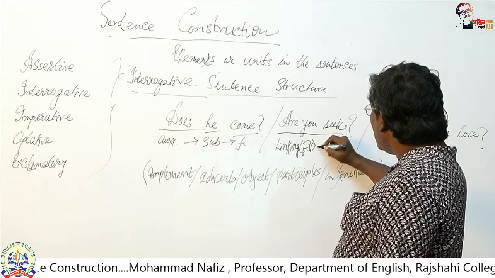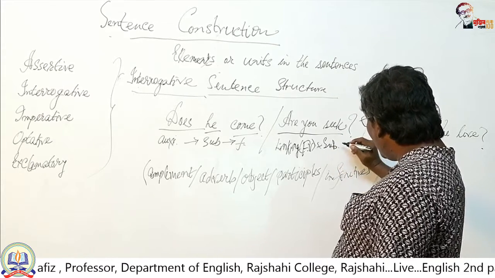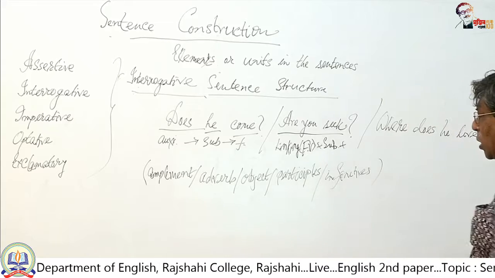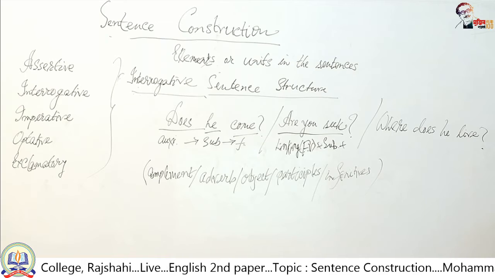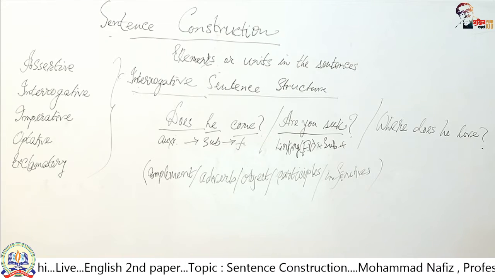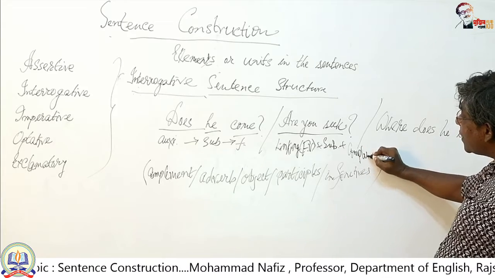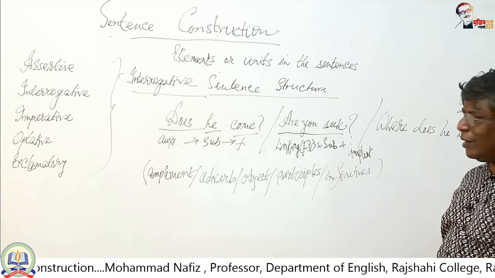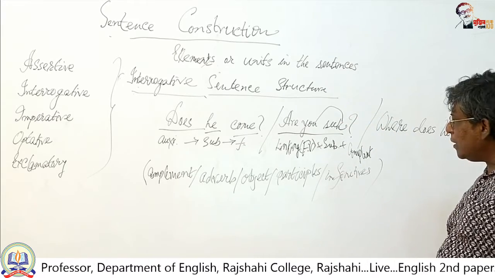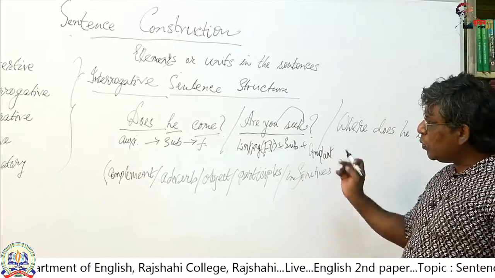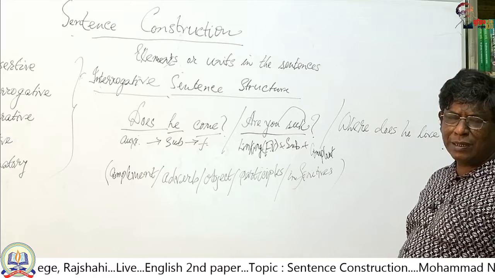Always remember that when an interrogative sentence begins with a linking verb, or what we popularly call be verbs, they always take a complement after the subject. For example, here we have: Are you sick? Sick is the complement of the subject you. Is he poor? Poor functions as the complement of subject he.